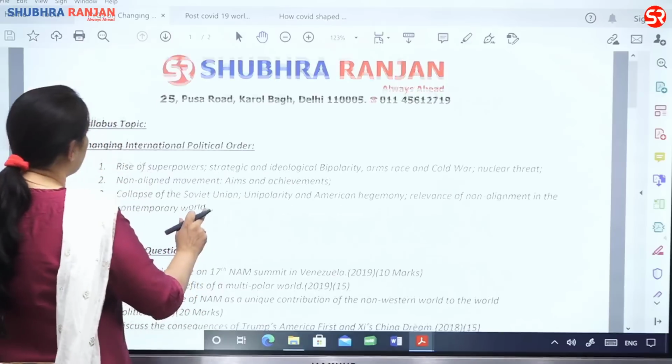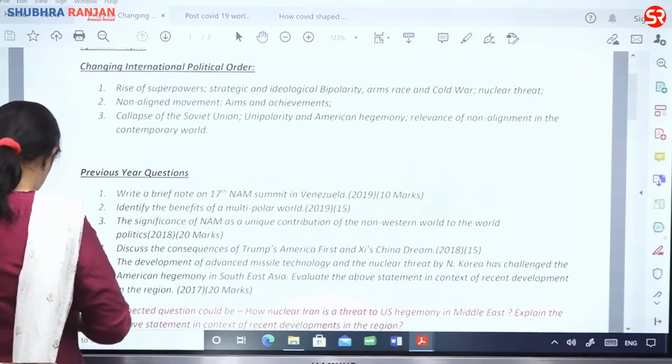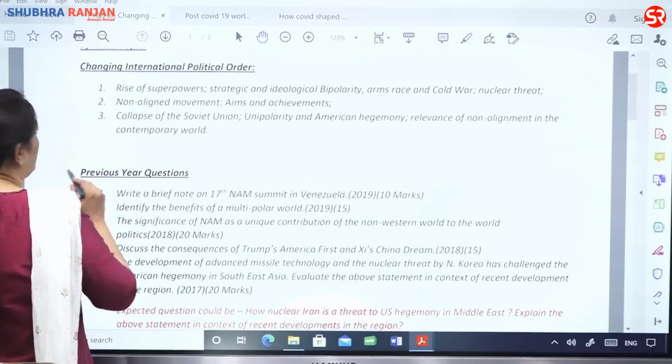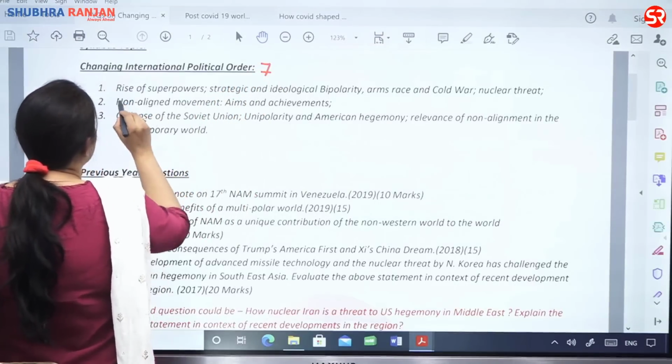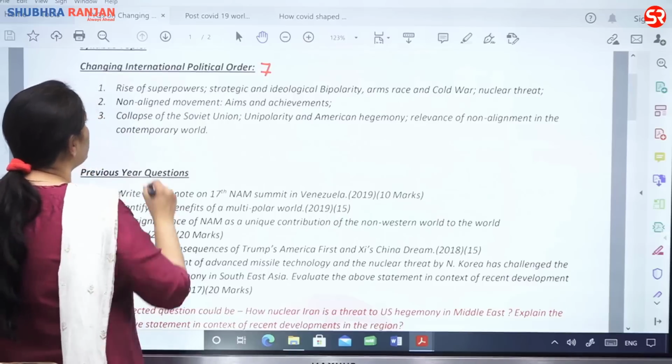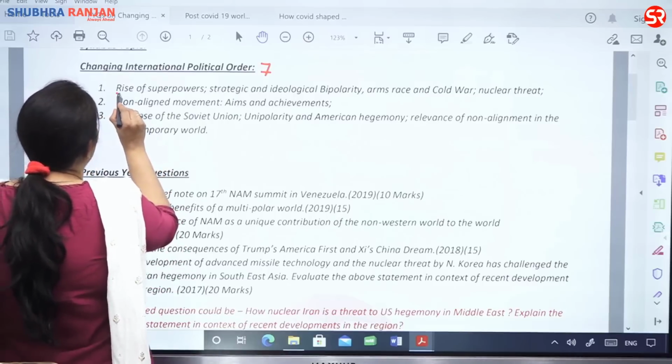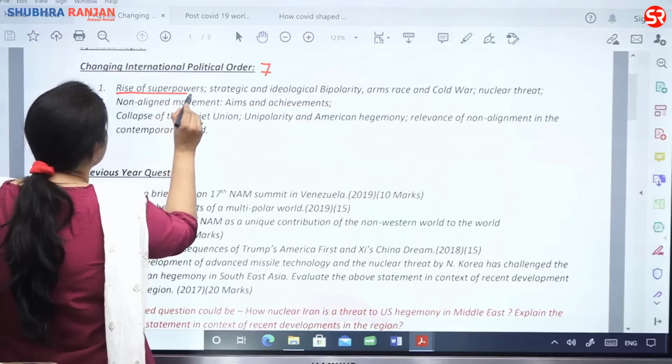The first topic in the syllabus is topic 7, and this topic has 3 subtopics: the rise of superpowers.